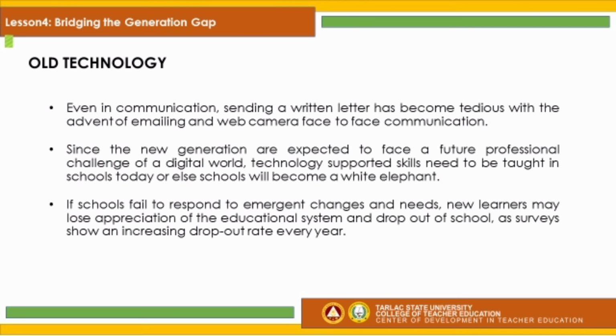Since the new generation are expected to face a future professional challenge of a digital world, technology-supported skills need to be taught in schools today or else schools will become a white elephant. If schools fail to respond to emergent changes and needs, new learners may lose appreciation of the educational system and drop out of school, as surveys show an increasing dropout rate every year.